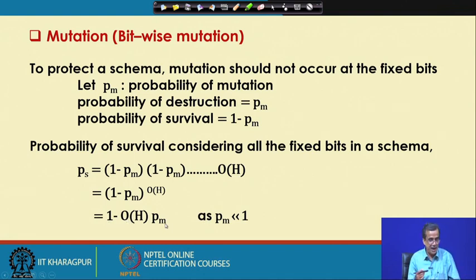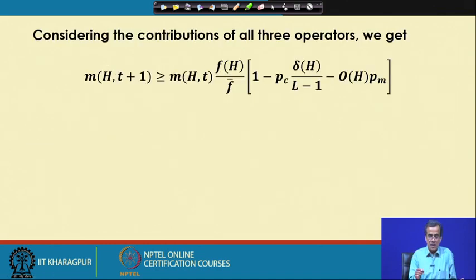Now, if I combine the effect of reproduction, single point crossover and bitwise mutation, I will get the rule for updating of this schema.